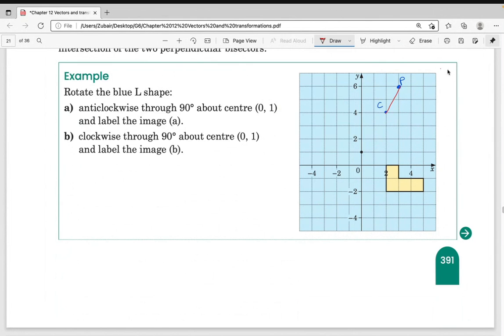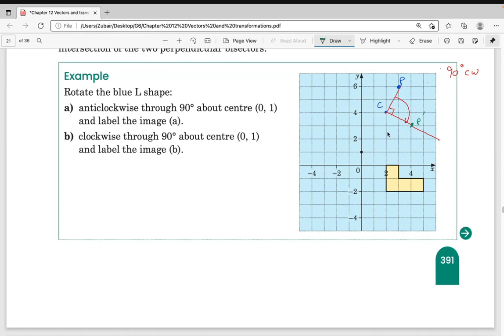And if I rotate it 90 degrees clockwise, it would move towards this side. And this length CP is not changing. And I have to bring it to that extent that this becomes 90 degrees. So when it does, I know how far that was from the center point, and this would appear on this point. That is one way of doing it.